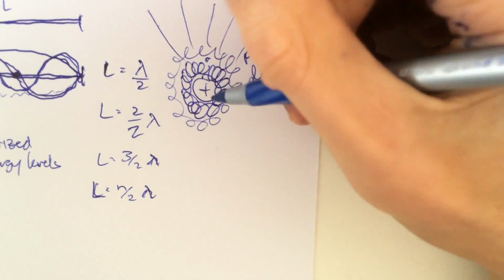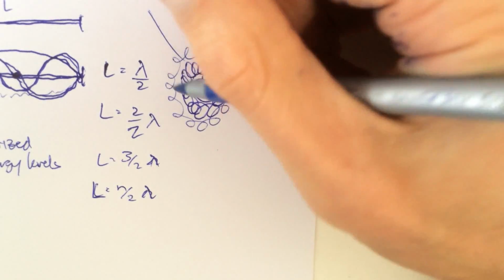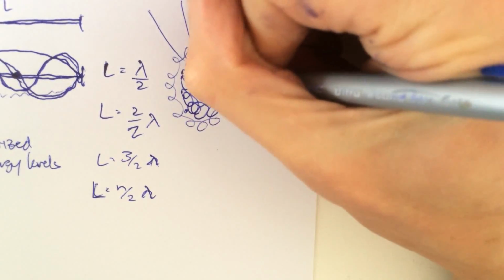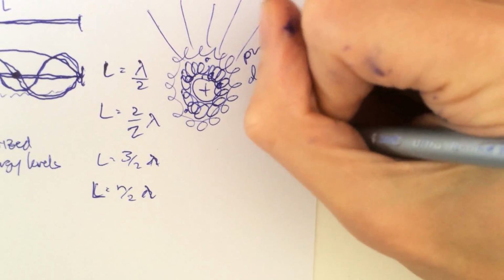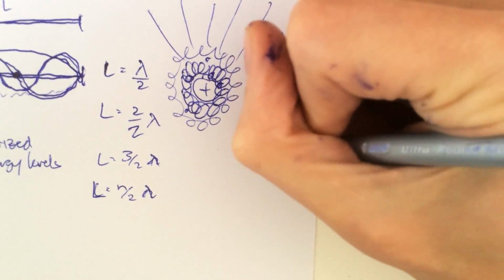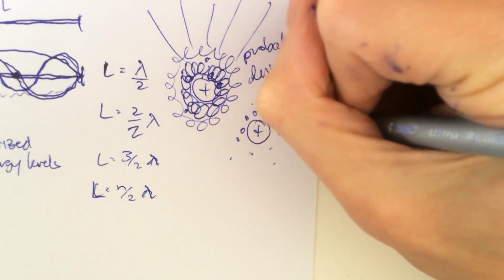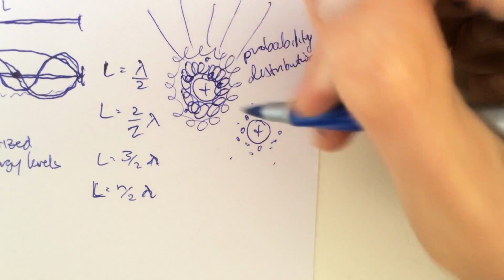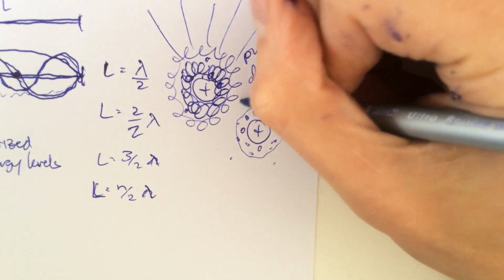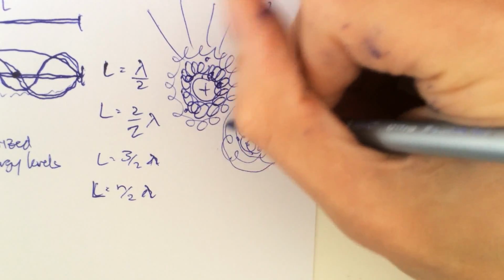Perhaps it's there. Then perhaps you leave the atom alone for a while, do it again, and perhaps it's there, or there, or there. You could have it one time there, here, here, and maybe a few times out here, but most of the time it's going to be around here. You get your more likely zones and your less likely zones. So here's more likely, here's less likely.